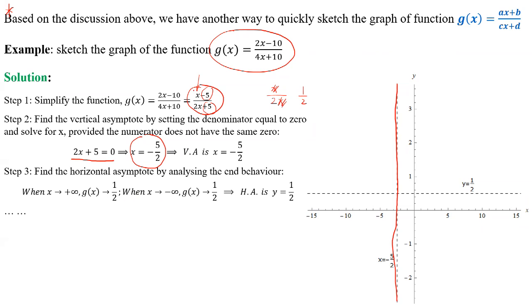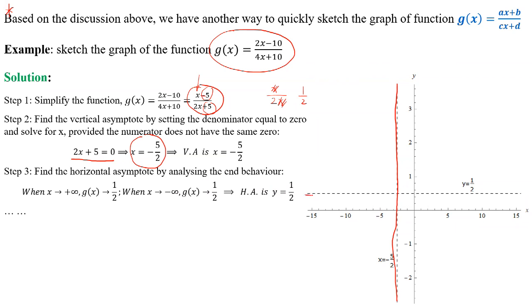When x is a very large number, the -5 and +5 here can be ignored, right? So when x approaches negative infinity, g(x) also approaches 1/2. So that means the horizontal asymptote must be y = 1/2.